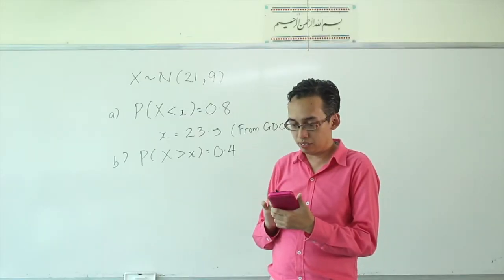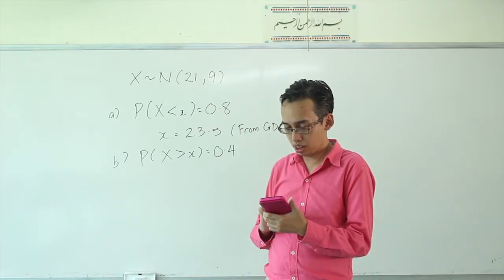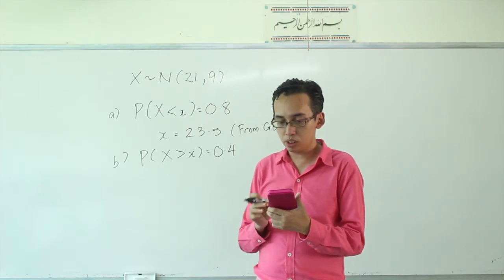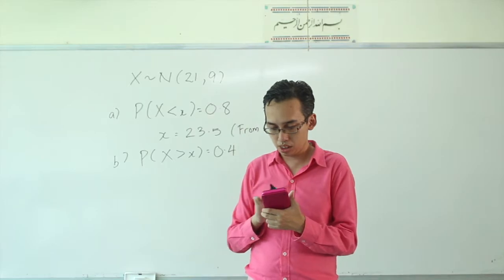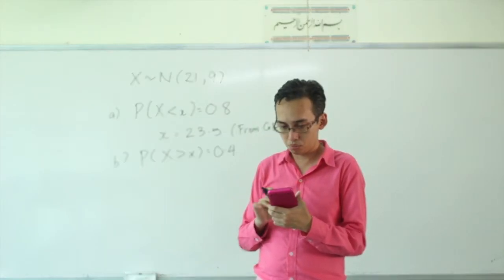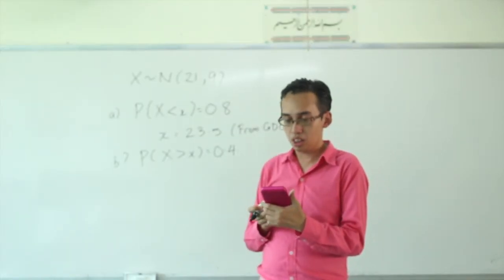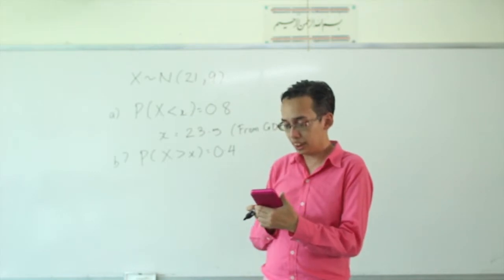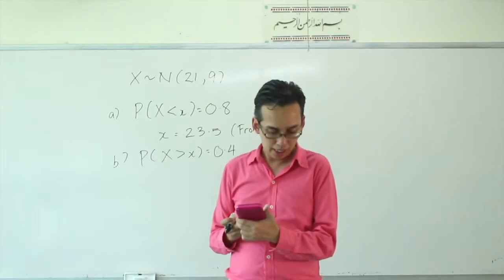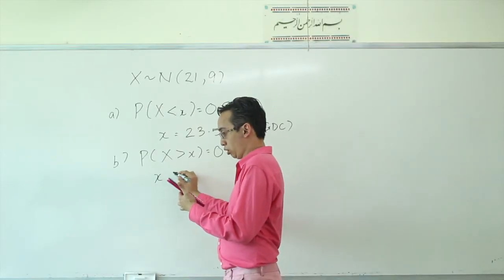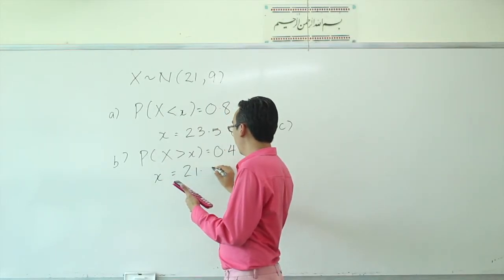So let's do inverse norm. The area will be 0.6, the mu is 21, the standard deviation is 3, and you paste it. So you'll get your x to be 21.8.